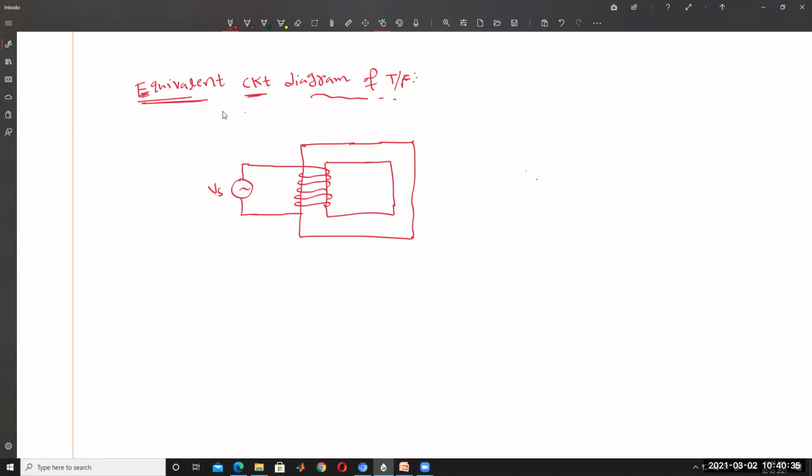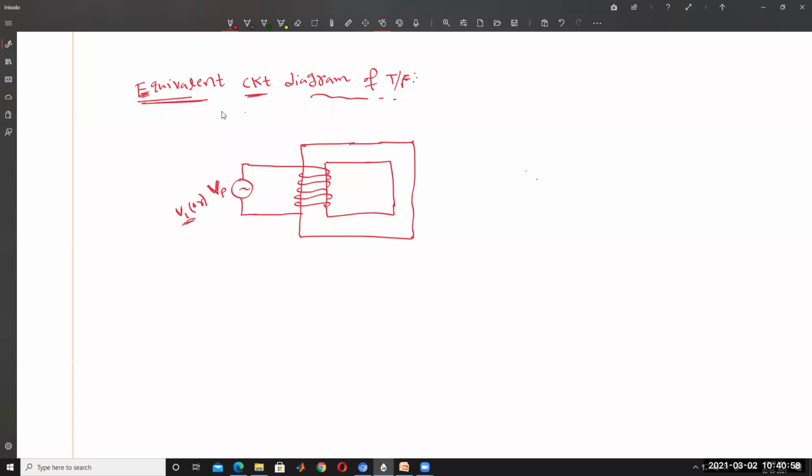It's called the supply voltage VS or V1, or the primary voltage VP. So we represent the primary voltage or supply voltage as V1.